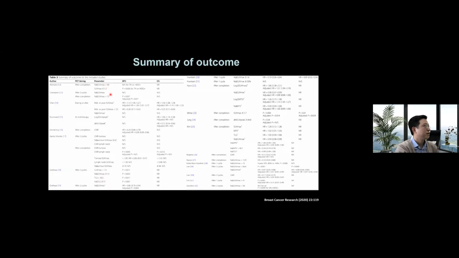In some cases, 80% was the cutoff, or 72%, and 62% in this study. So quite different and quite heterogeneous. Some studies looked at both disease-free and overall survival, and some looked at disease-free survival alone. So there was very big heterogeneity in these studies.